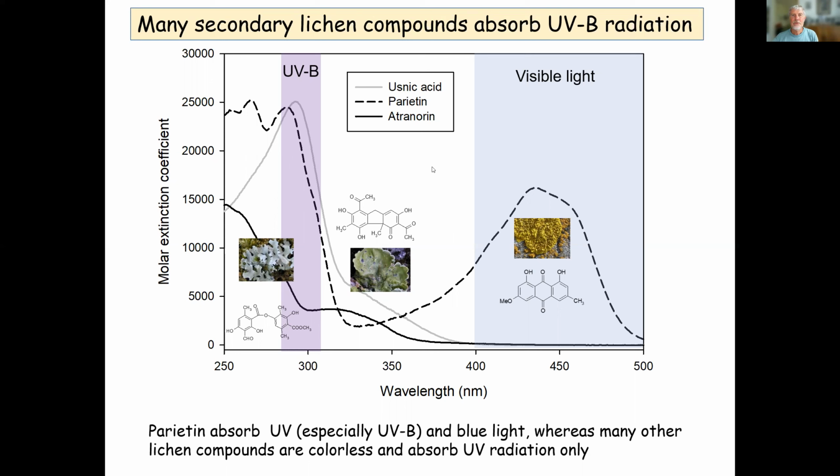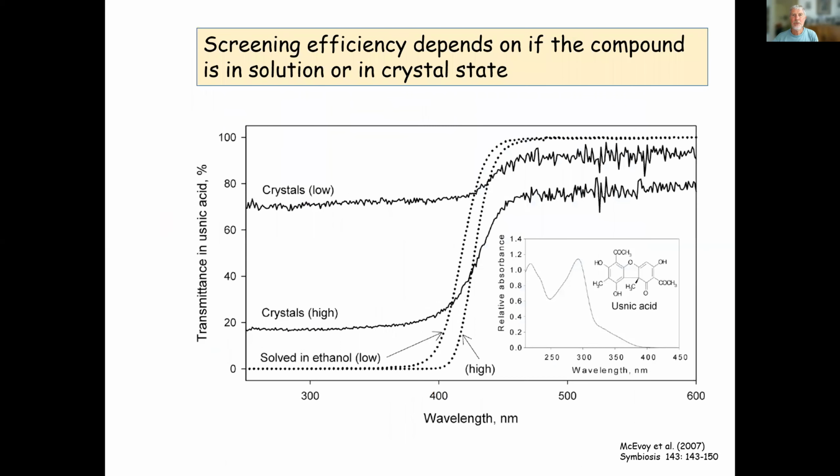These secondary compounds are mainly situated as crystals outside lichen hyphae. That has some implications for screening efficiency, because screening efficiency depends on whether the compound is in solution or in crystal state.